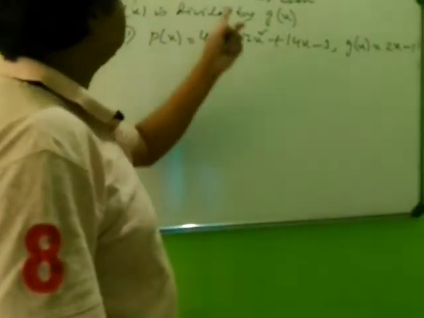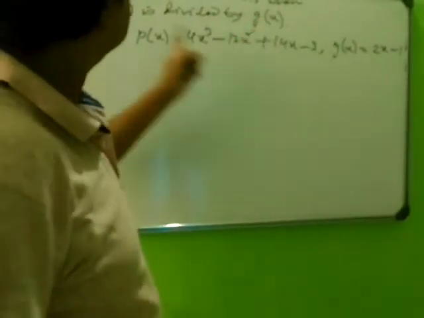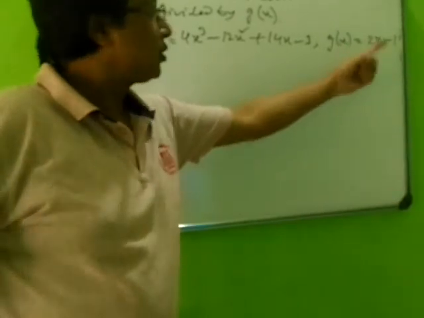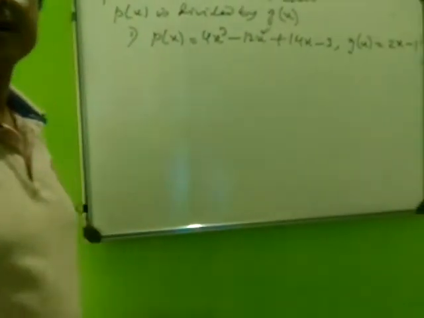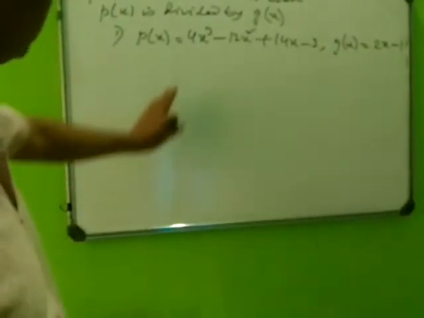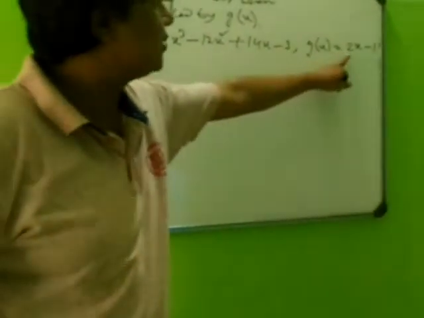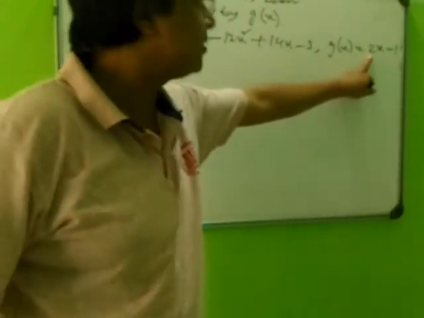Now here they have said you are to find the remainder when p of x is divided by g of x. So you are not going to use the long division process, you are going to use the remainder theorem. That is why, since this is the divisor, you make the divisor equal to 0.